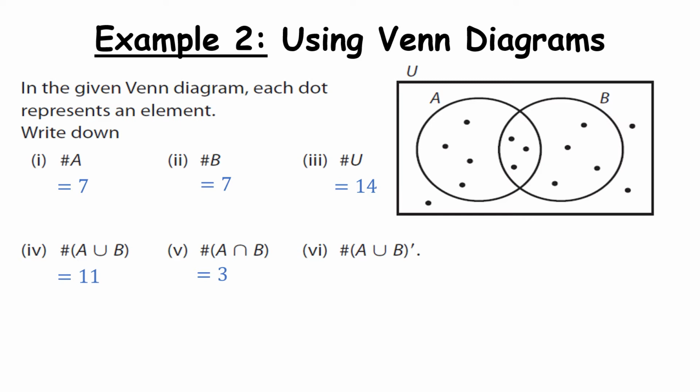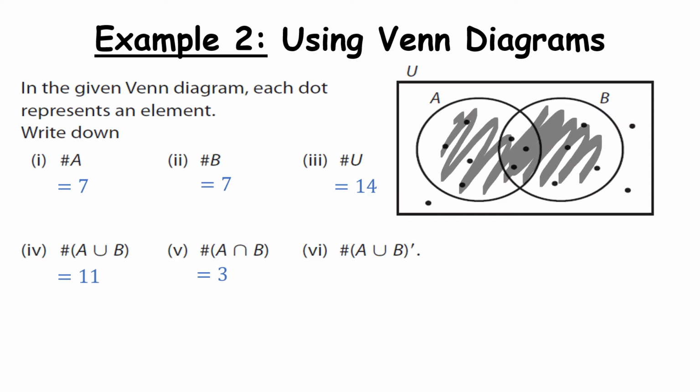So what we're going to do is we're going to look at A union B, which I'm doing in black here, and we want the opposite to that. So what's not in A union B, which means we're looking at everything that I haven't highlighted in, which is everything around the edges, which means there are 3 elements that are not in A union B.